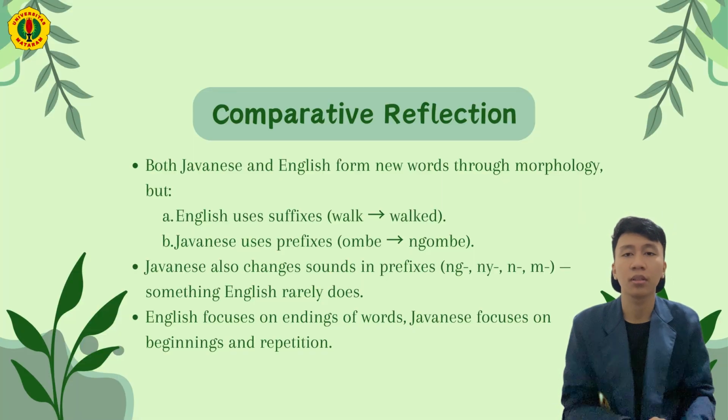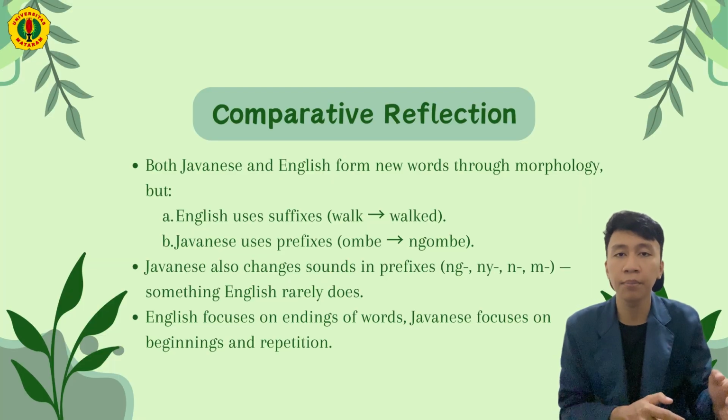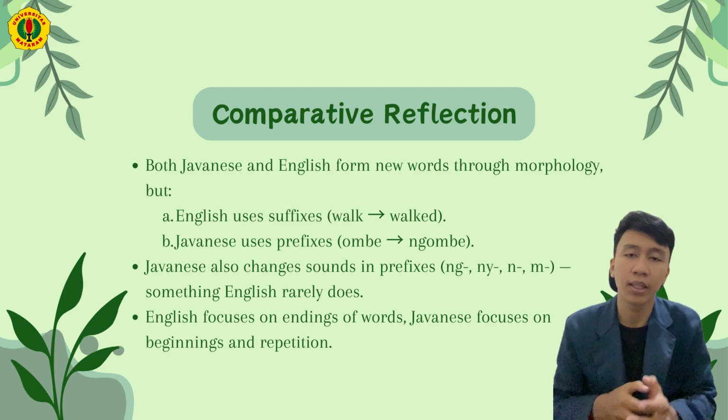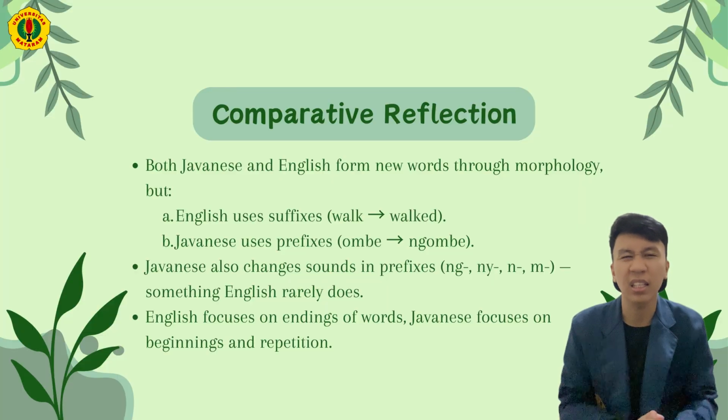For example, ang can become nya, or an, based on the first letter of the base. This kind of sound change doesn't happen in English. English affixes usually keep the same form.